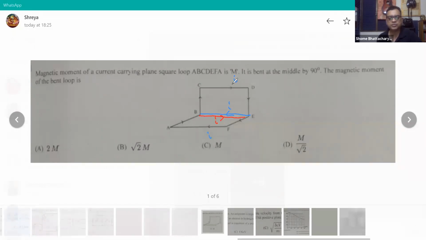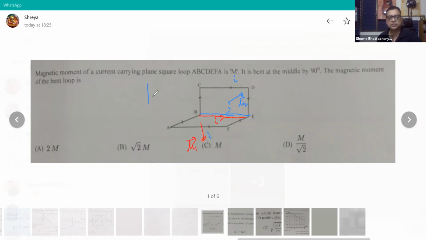Now this one becomes a magnetic dipole moment, which is clockwise when you see from above. So it has a magnetic dipole moment mu1 pointing like this, and this one is clockwise when you see from here, so it is mu2.